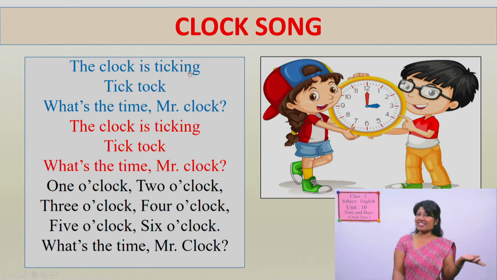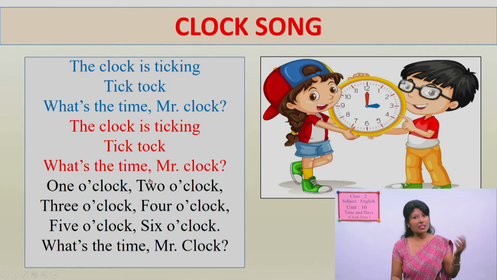The clock is ticking tick-tock. What's the time, Mr. Clock? The clock is ticking tick-tock. What's the time, Mr. Clock? 1 o'clock, 2 o'clock, 3 o'clock, 4 o'clock, 5 o'clock, 6 o'clock.